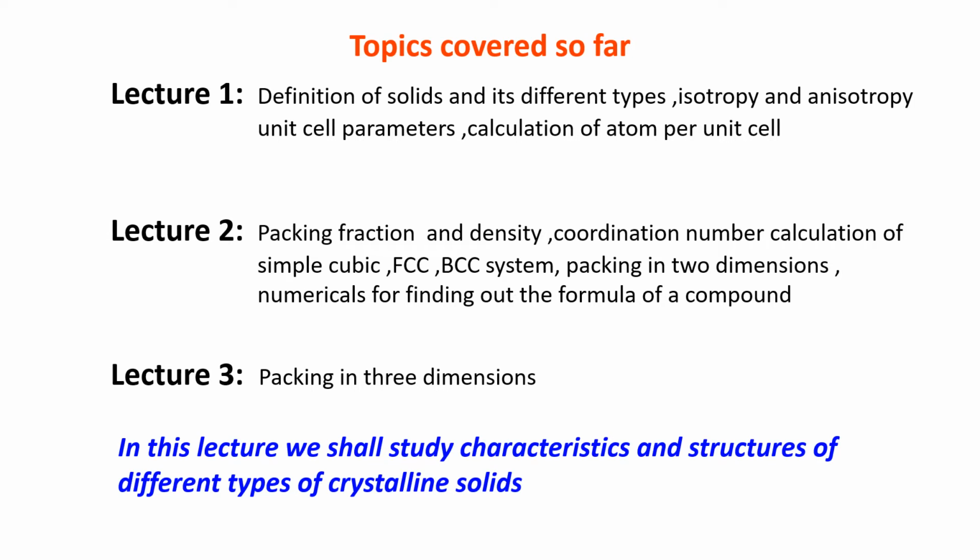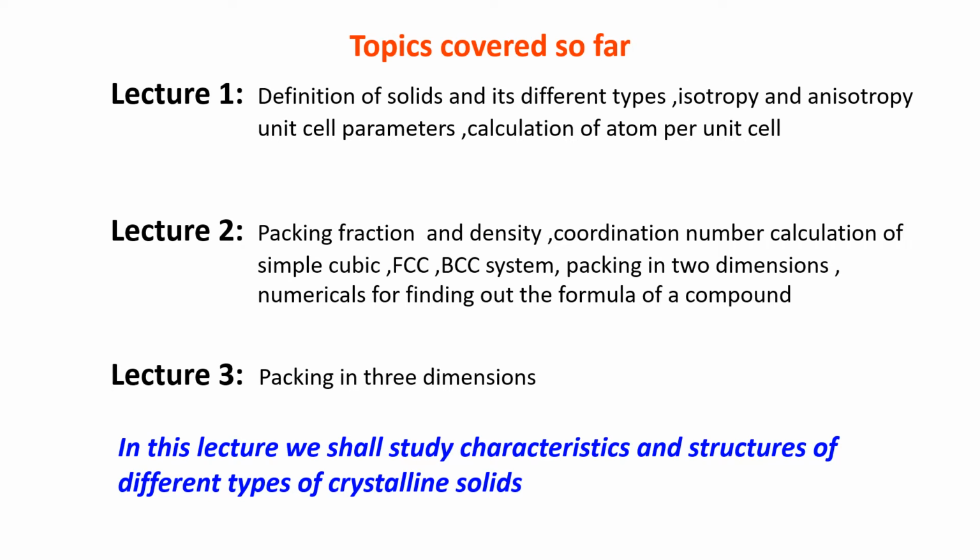In lecture 2, we have covered packing fraction and density, coordination number and its calculation, calculation of coordination number of simple cubic, face-centered cubic and body-centered cubic system, packing in 2 dimensions, and numericals for finding out the formula of a compound. And last lecture, that is lecture 3, we have covered packing in 3 dimensions.